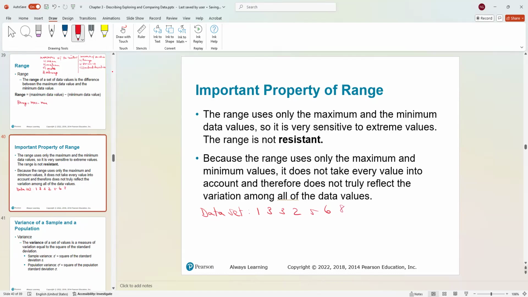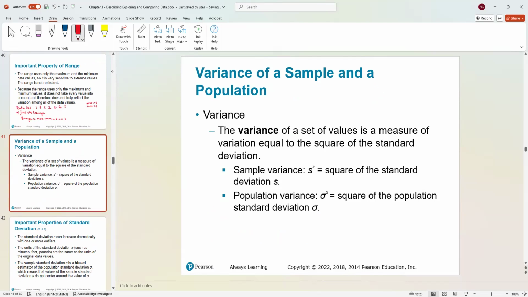Find the range. Remember, you need to identify the maximum, the largest number in the data set, and the minimum. So here I see the maximum is 8 and the minimum is 1. So we're going to have 8 minus 1, which is 7. This is the range. But for the variance, we're going to see it a different way.